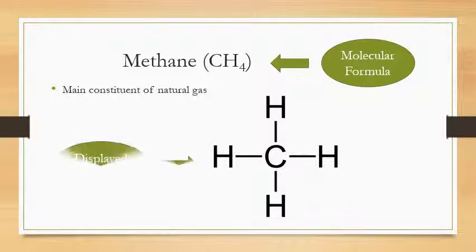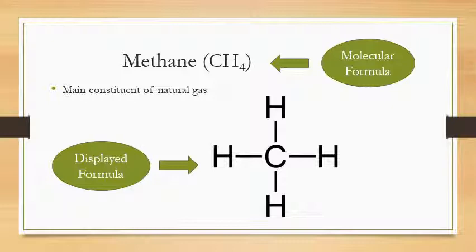And this is known as its displayed formula. If you're asked to draw a displayed formula, it's showing the bonds between each of the atoms. Hydrogen can form 1 single bond, carbon can form 4. So that's how you would display the structure of methane.